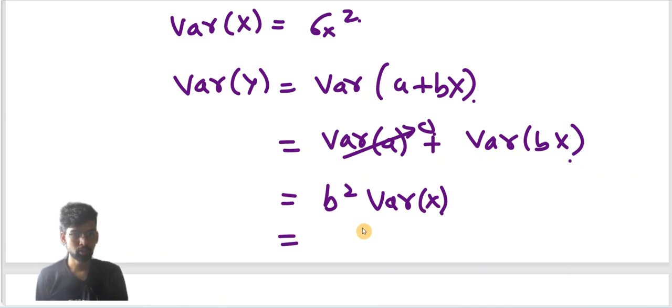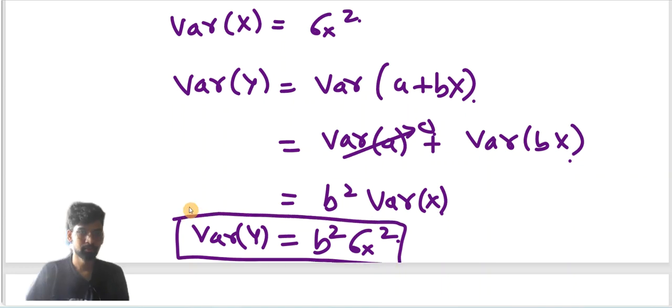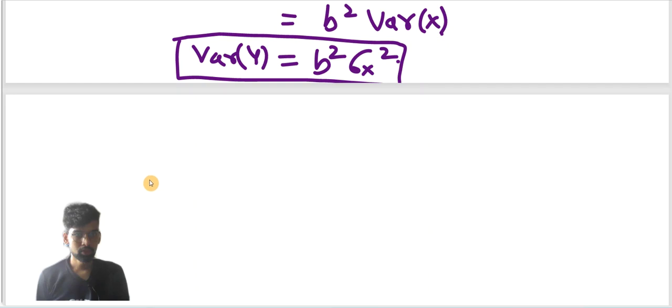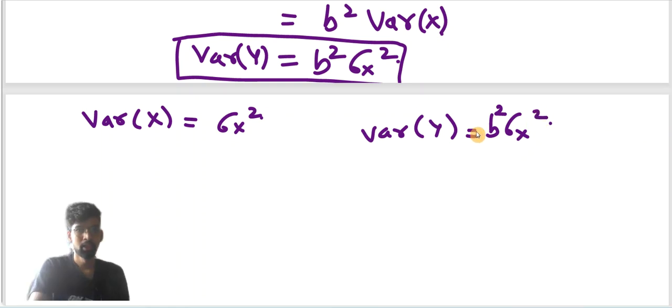We have assumed the variance of x as sigma x square, so it is b square times sigma x square. So what we have till now is the variance of x, which is sigma x square, and the variance of y, which is b square times sigma x square.